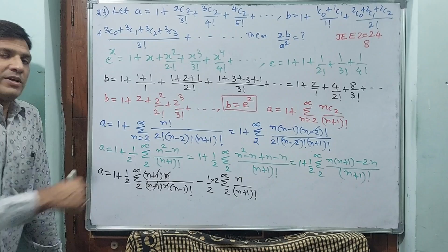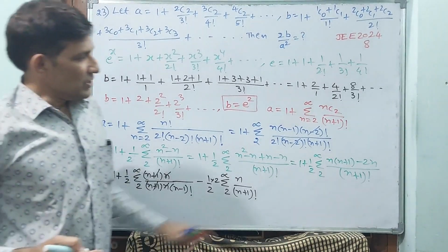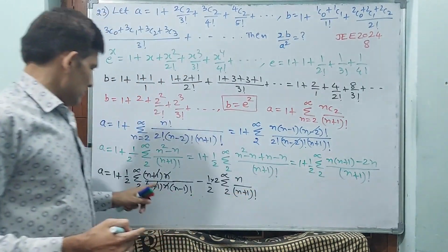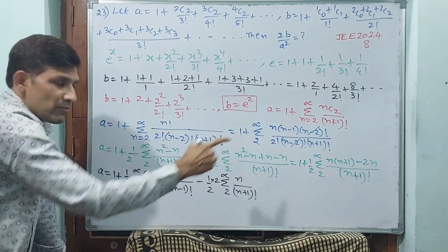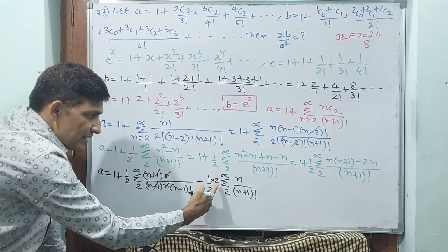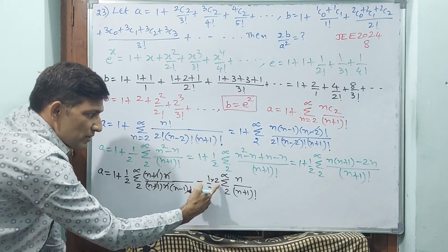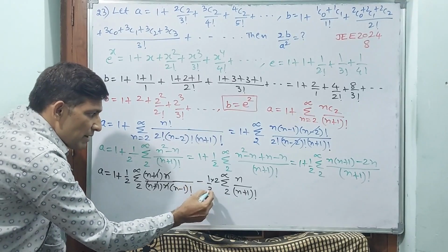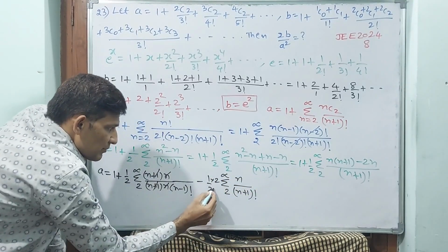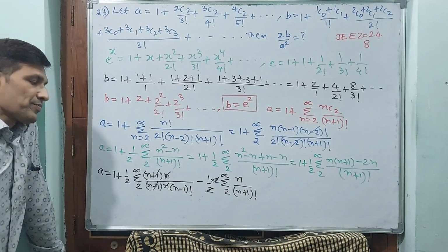Is it correct? First you see what I have written for the second term. n into n plus 1 you take as the first term, minus 2n you take as the second term. n plus 1 factorial is for both. For the second term, 2 I have taken outside and minus also I have taken outside, but this outside 1 by 2 is there already. That means this 2 is going to get cancelled out. Okay?